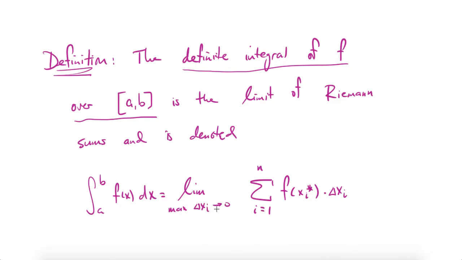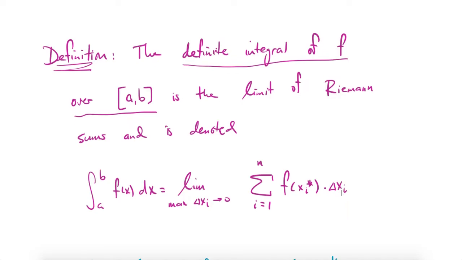So essentially all my subintervals are infinitely thin, and I've got these infinitely many rectangles, and I'm adding up the area of these infinitely many rectangles, and that's supposed to give me the definite integral. So we'll talk more about this. Don't get too bogged down in this notation, but this is a formal way of writing the idea of having infinitely many of these rectangles and letting their widths go to 0. So that's the definition of the definite integral.